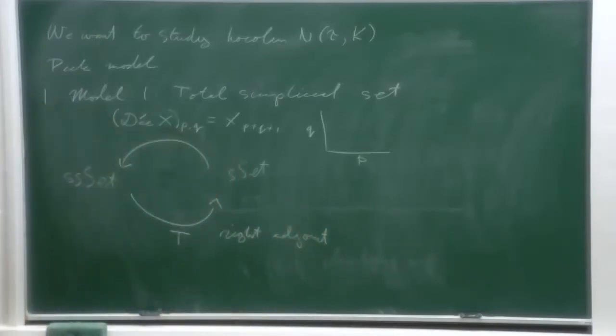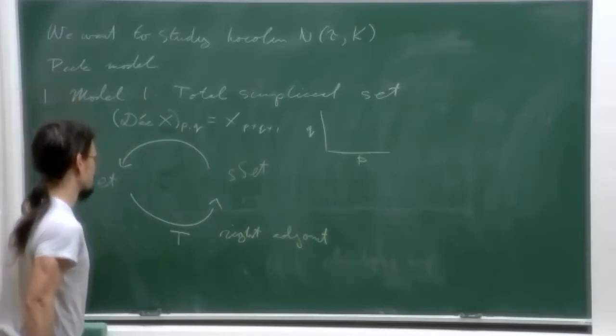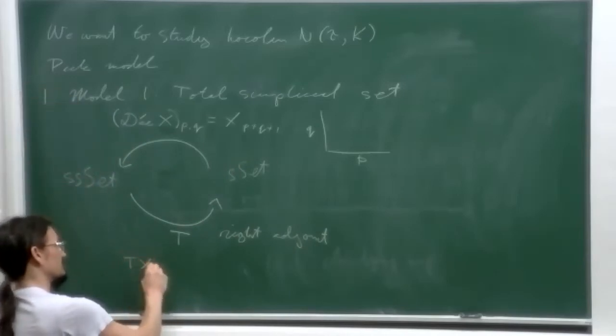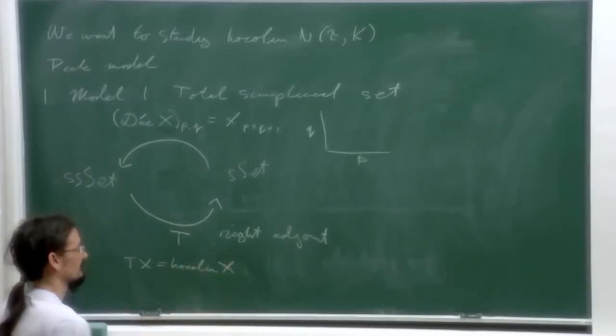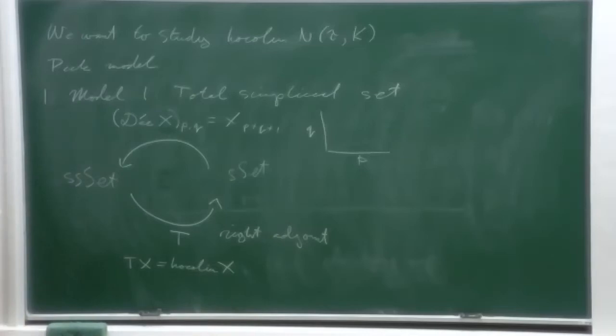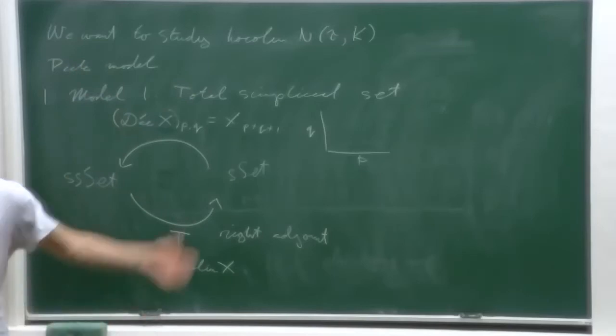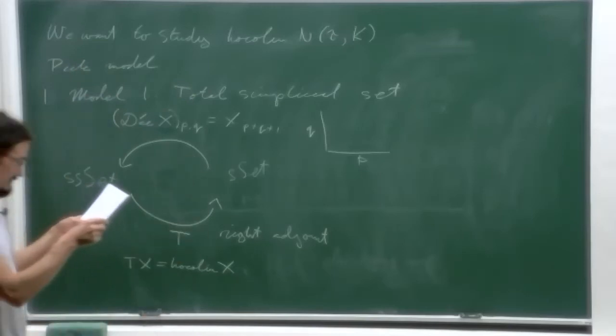And you can prove that if you're given a bisimplicial set X, then T X is a model for the homotopy co-limit. So you've got your bisimplicial set and apply this functor T to it, and you get an object and you want to study it.